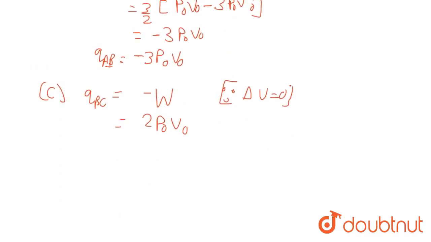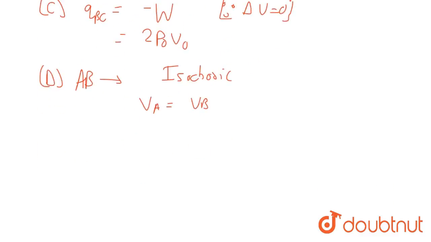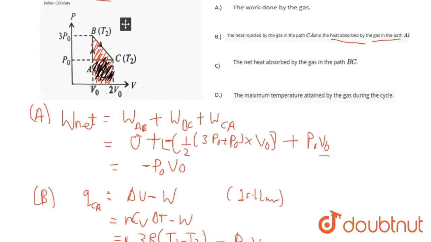So we can write, path AB is isochoric. Therefore, volume at A must be equal to volume at B, and volume at A can be written as nRTA by PA, which equals nRTB by PB. And if you see, the temperature at A is T1 and pressure is P0, and temperature at B is T2 and pressure is 3 P0.